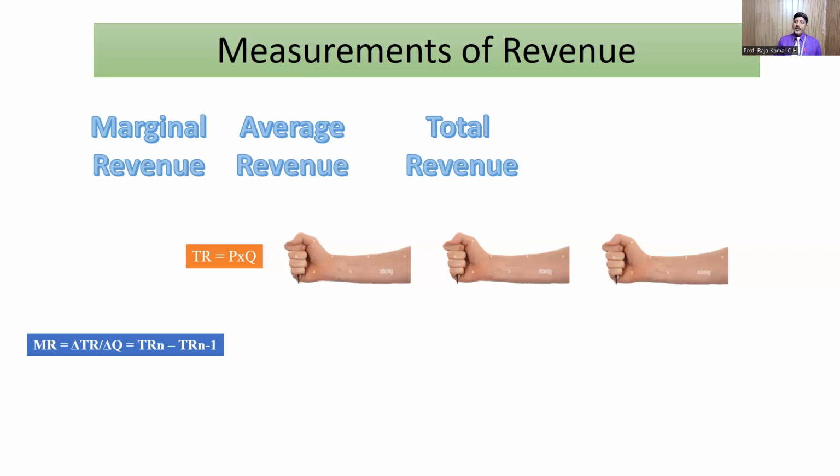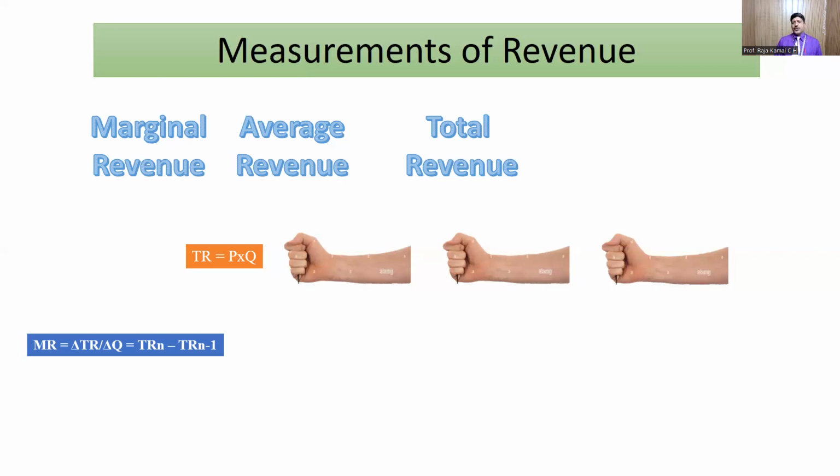Those 2 units I sell in the market, so additionally I receive 20 more rupees, 2 into 10. The revenue previously was 50 and now it is 70. The difference in total revenue is 70 minus 50, that is 20.